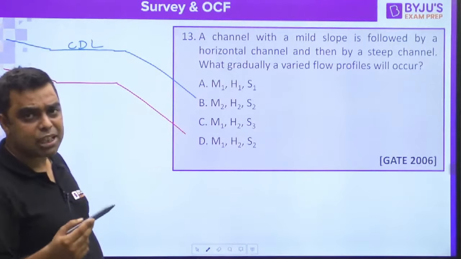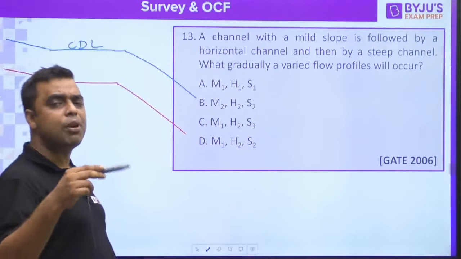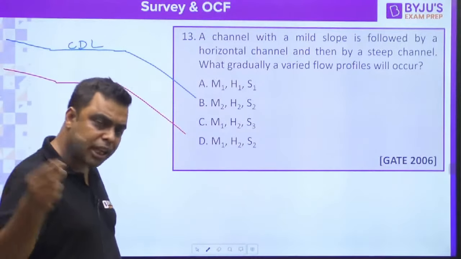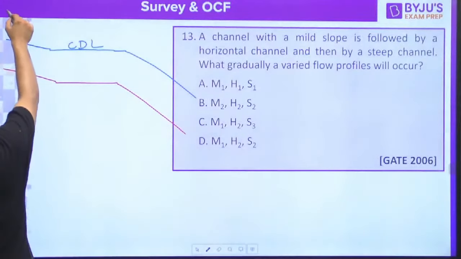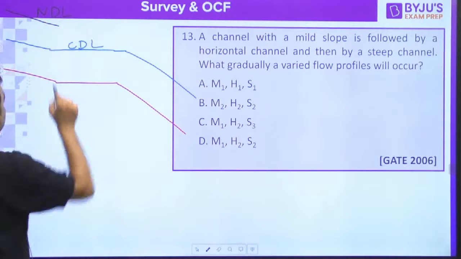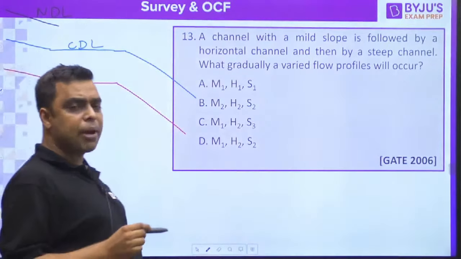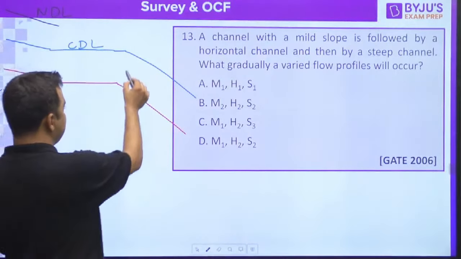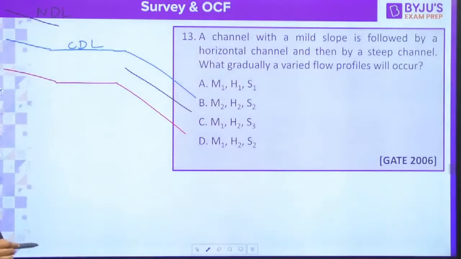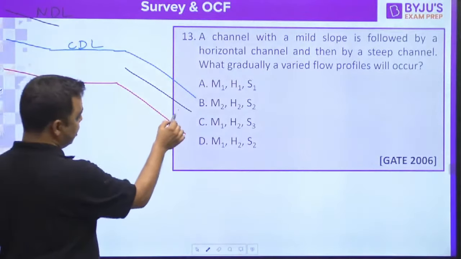In case of mild slope, my normal depth of flow will be more than the CDL. Definitely the depth of flow will be more than the critical depth, so this will be my NDL. In case of steep slope, my NDL will be below my CDL. So this will be my NDL.